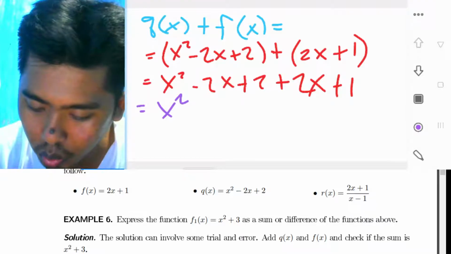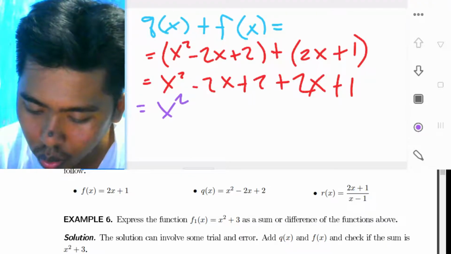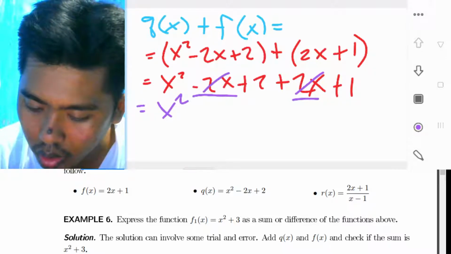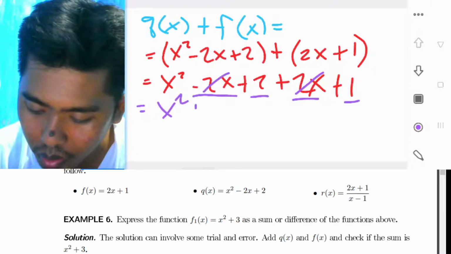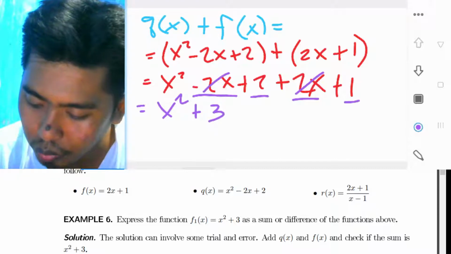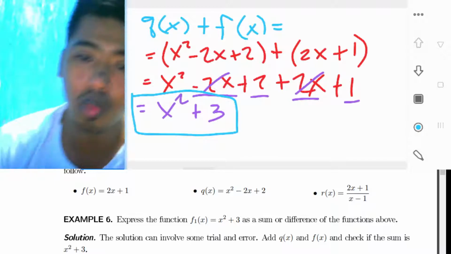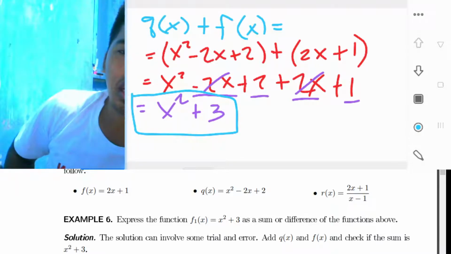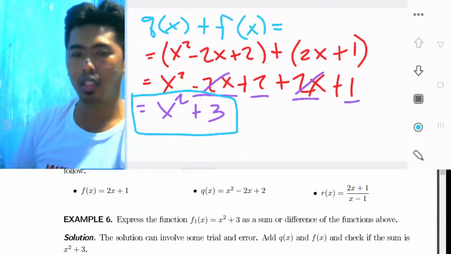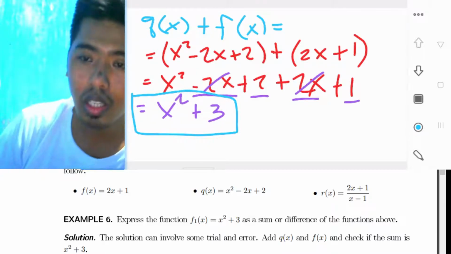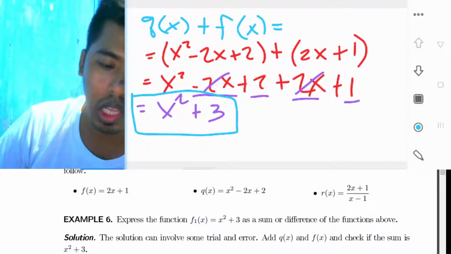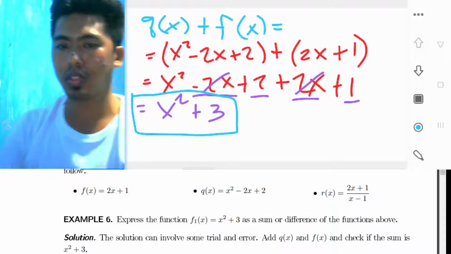Negative 2x and 2x cancel out. 2 plus 1 will become plus 3. So therefore, this is the answer of the problem. The f sub 1 of x equal to x squared plus 3 is equivalent to q of x plus f of x.